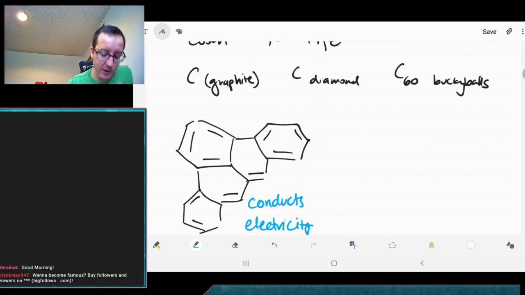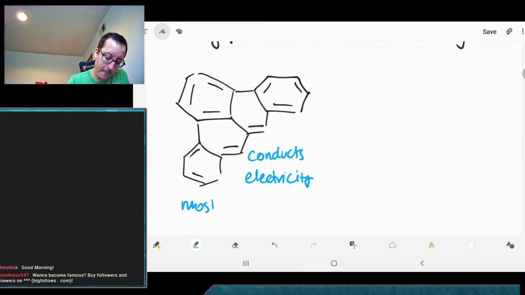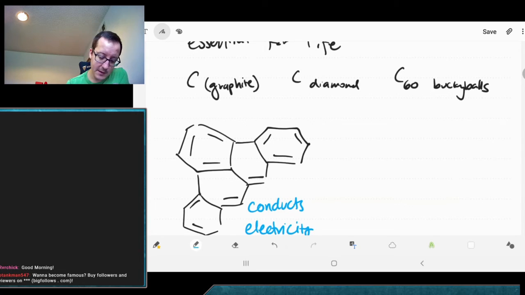So we do see that we use carbon electrodes a lot, and so very useful material there. This is actually the most stable form of carbon. We're going to learn that's due to something called conjugation later on in organic chemistry.